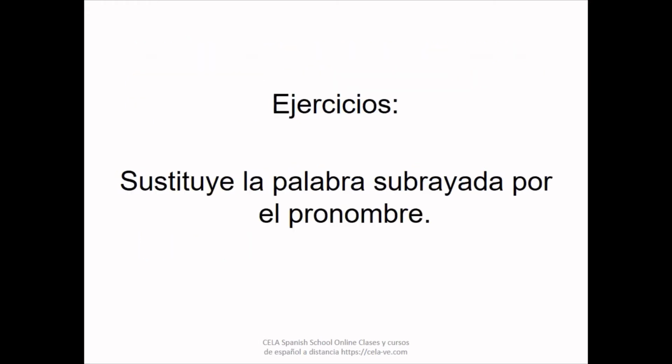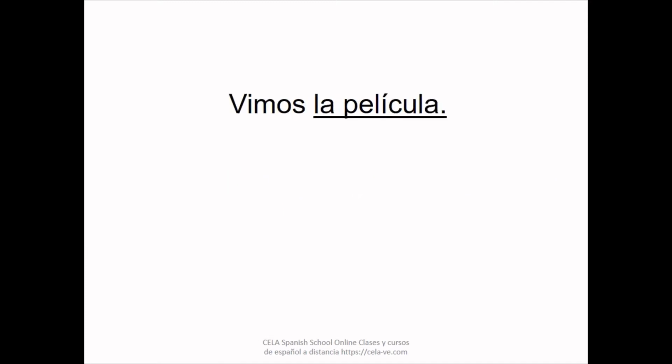Muy bien. Now let's do some exercises together. We will replace the underlined word, that is the direct object, with the corresponding pronoun. Vimos la película. La vimos.